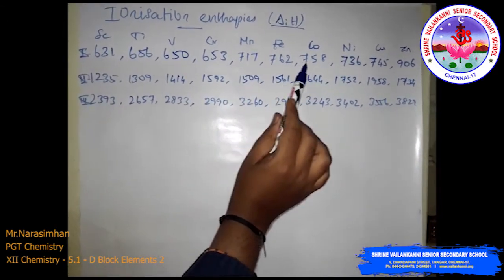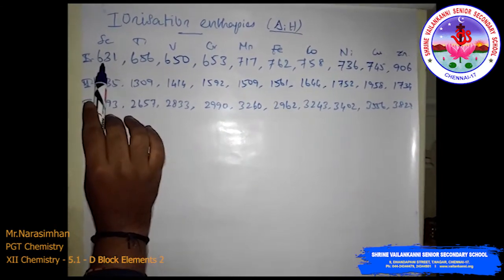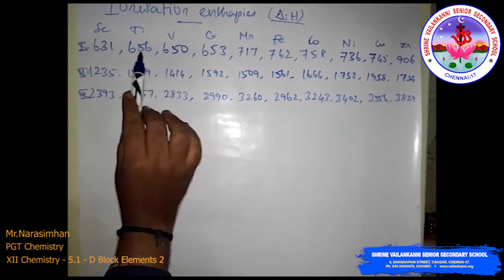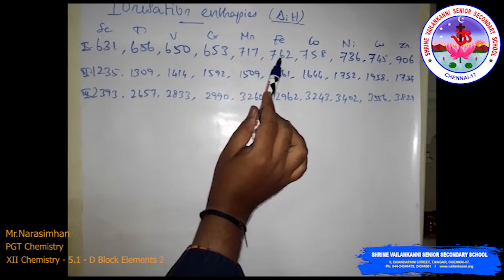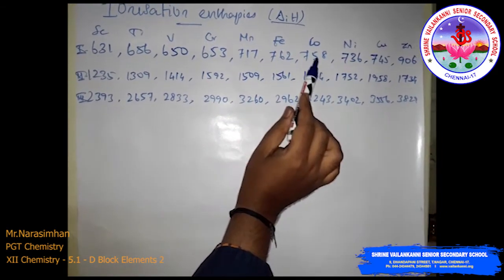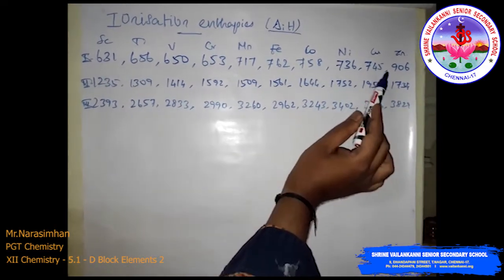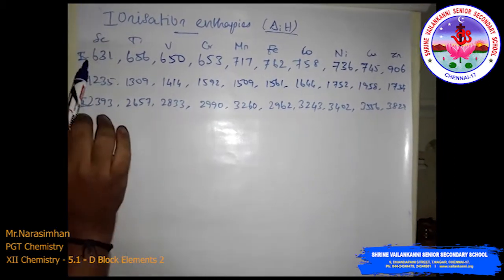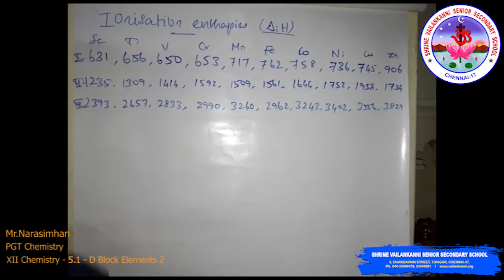Look at the first ionization enthalpy, the irregular trend: 631, 656, 650. Again it reduces, again increases, again increases. Here it decreases and decreases and increases. So the first series shows an irregular trend. The overall trend from scandium to zinc is increasing ionization enthalpy only.